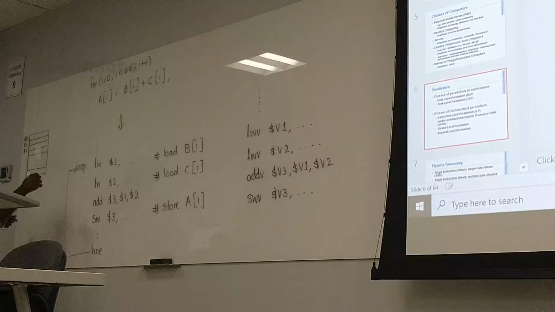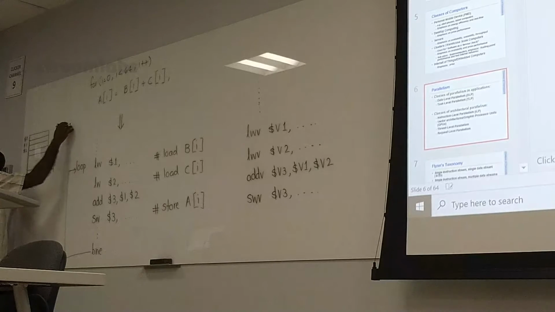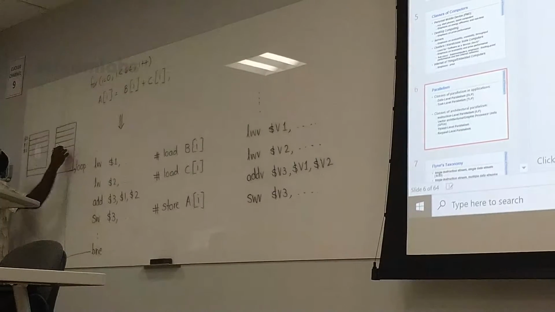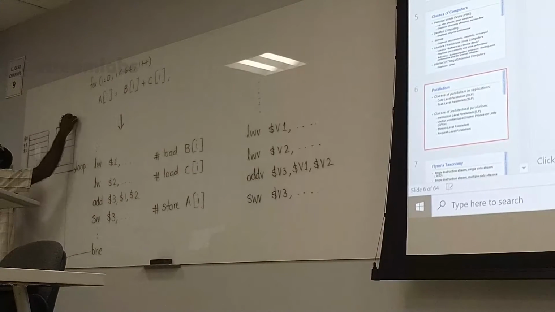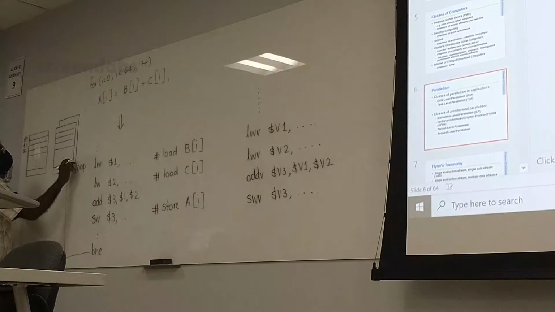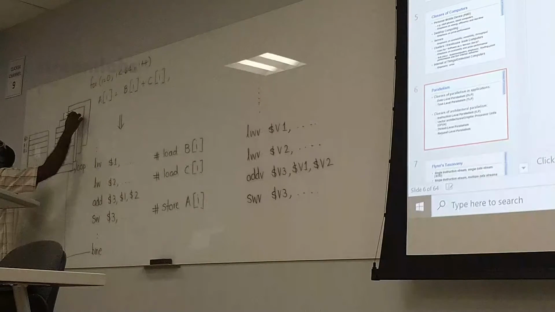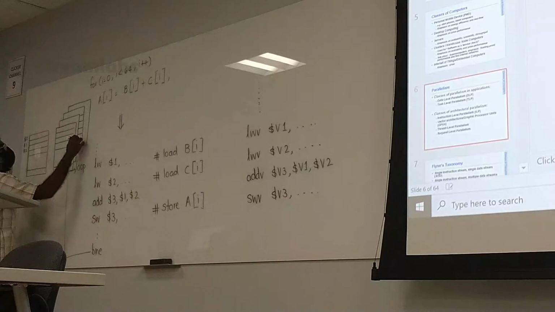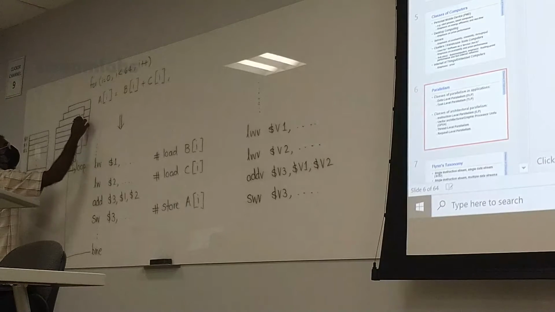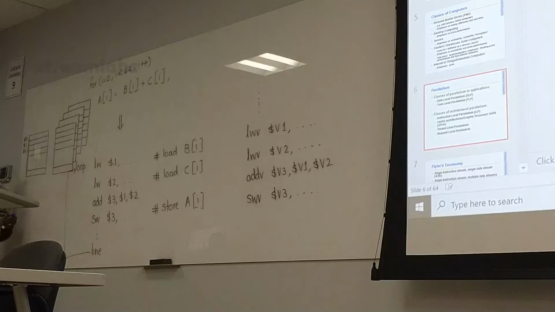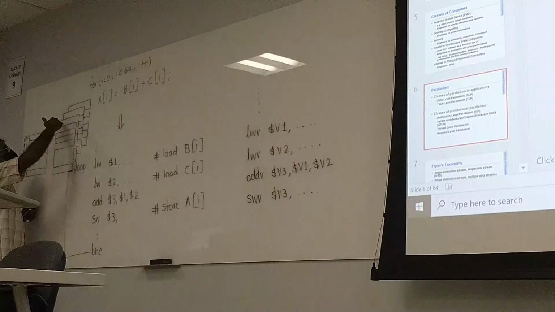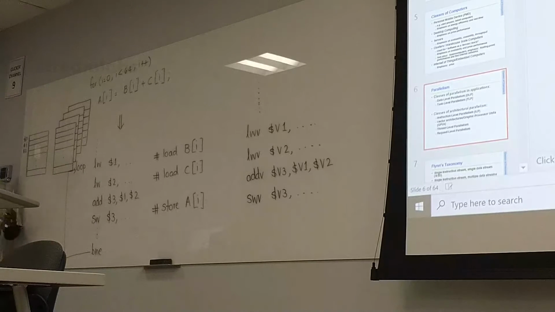In the vector register, each register is mainly just two-dimensional.